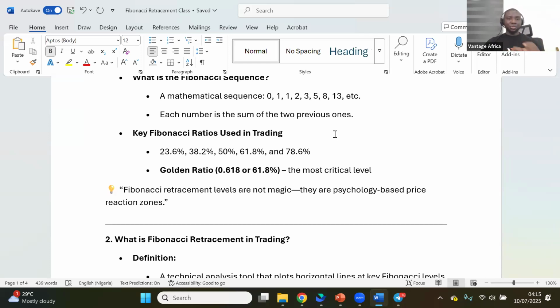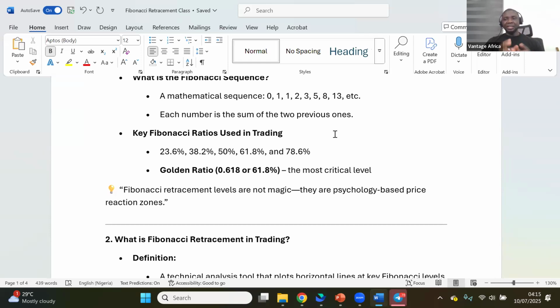Now the golden ratio is the 61.8 level. This is what we call the key zone, the zone where the market has a high chance of reversing. So when you use Fibonacci and price gets around the 61.8 level, you will see that price will react to that 61.8 level most of the time.